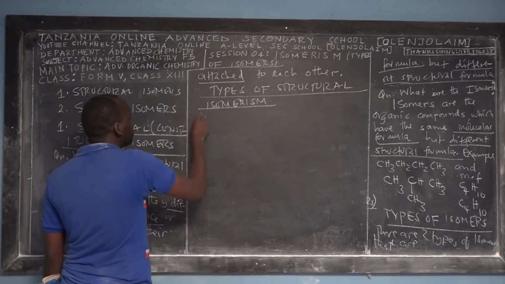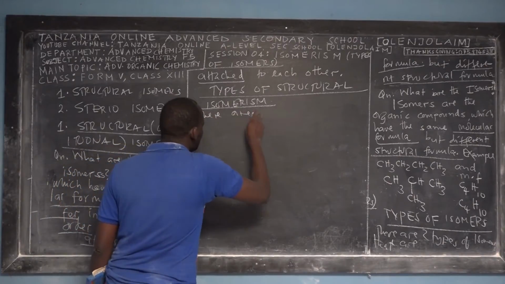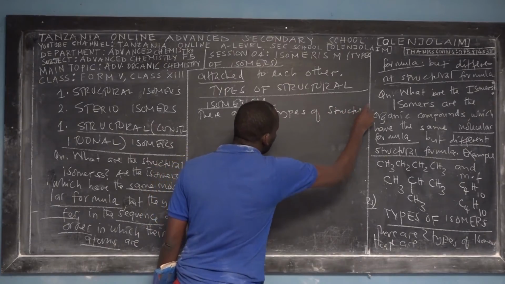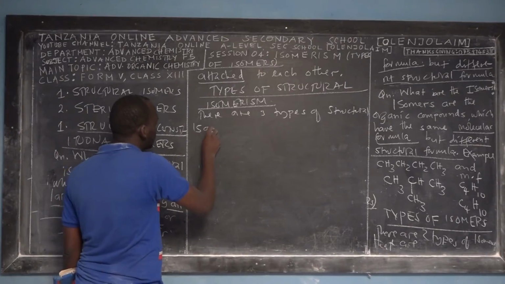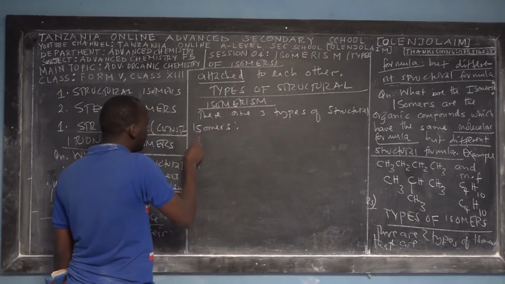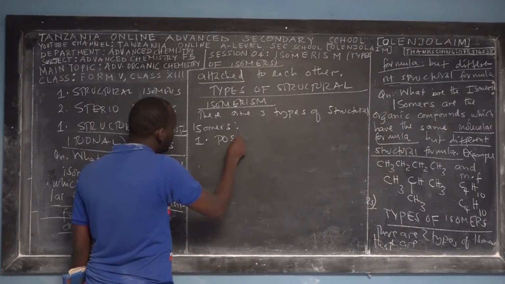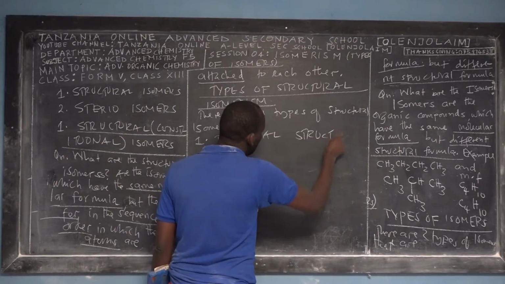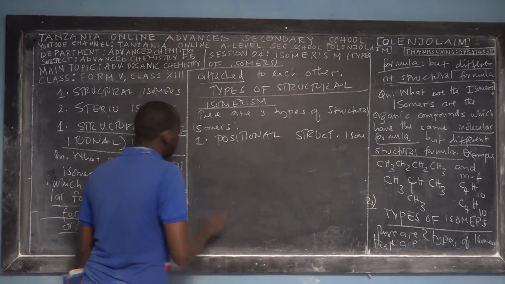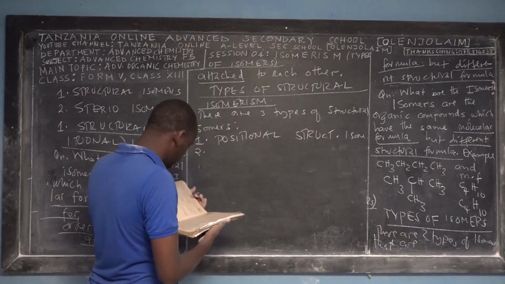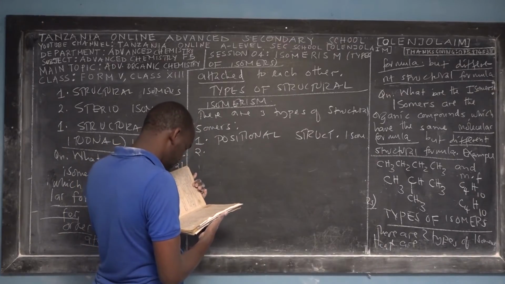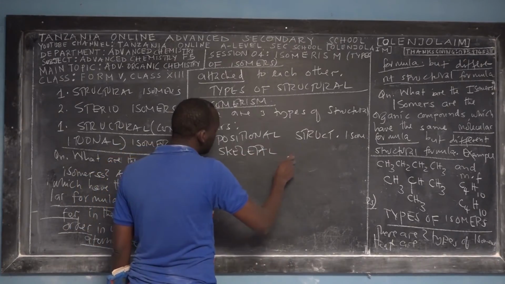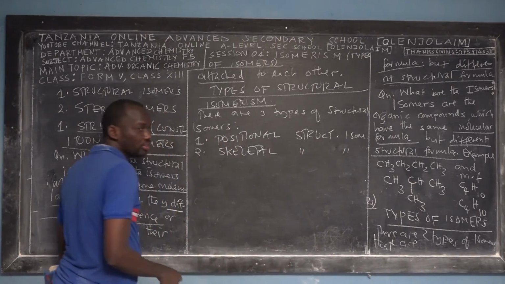So we said there are 3 types of structural isomers. The first one is called the positional structural isomer. The second one we call skeletal structural isomer.